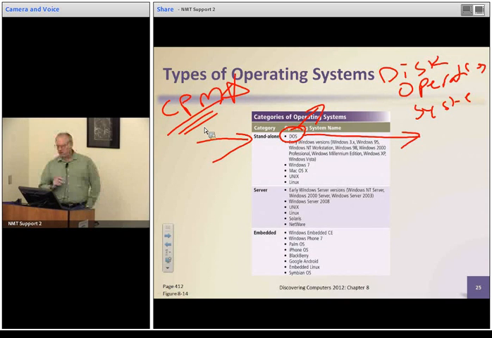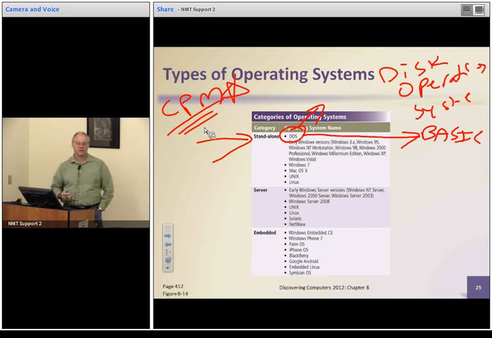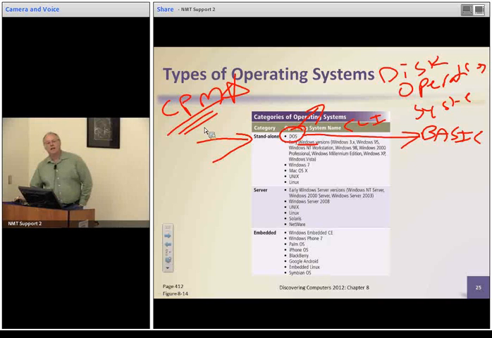But DOS was the first one, and it was written, as I said, in BASIC computer language, and we'll talk about that when we talk about computer languages. And then eventually he wrote a user interface software called Windows. Remember, DOS was a command line interface, CLI. Windows had a GUI, graphical user interface.